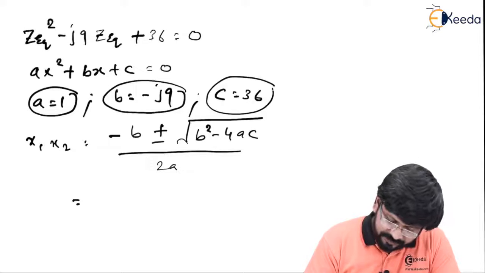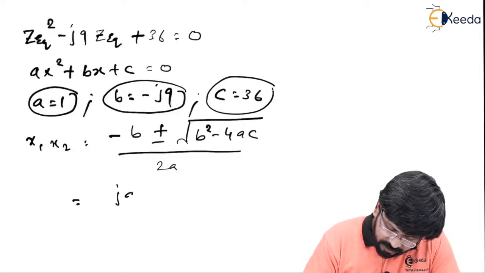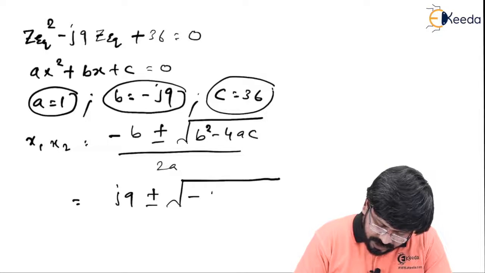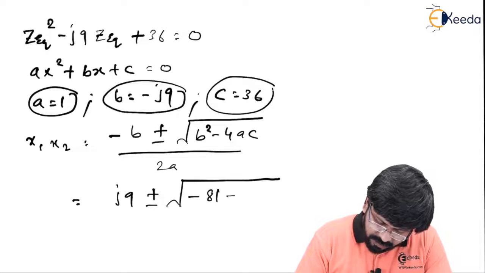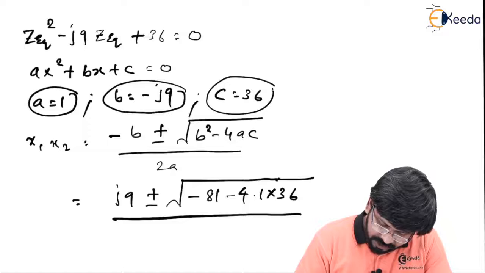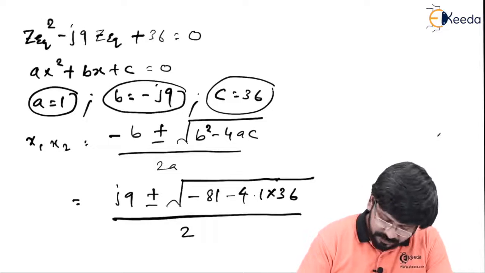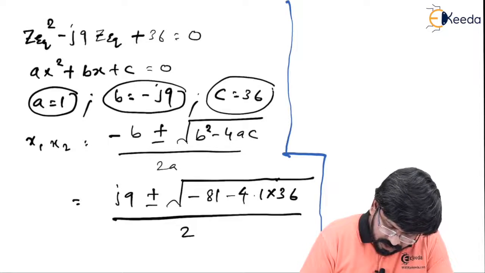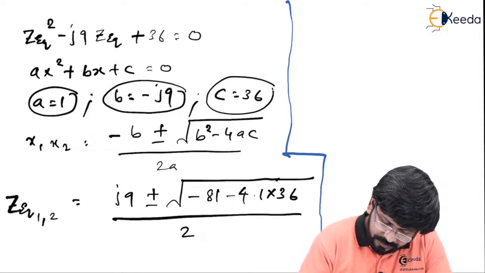In this case, if I replace minus b, it will become positive j9 plus minus, so b square becomes minus 81, minus 4 times ac, where a is 1, c is 36, divided by twice of a, which is 2. Further, if you solve this, these are the values of z equivalent 1, 2.